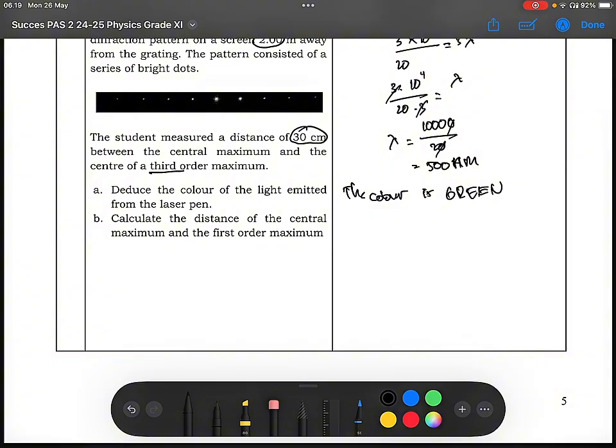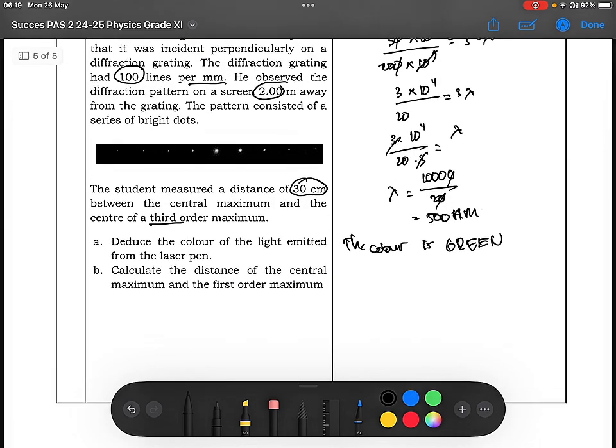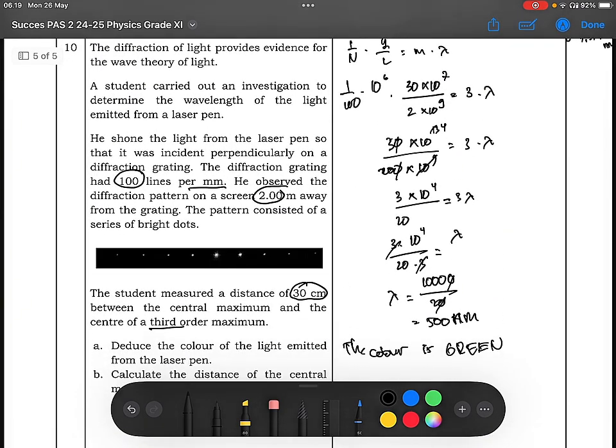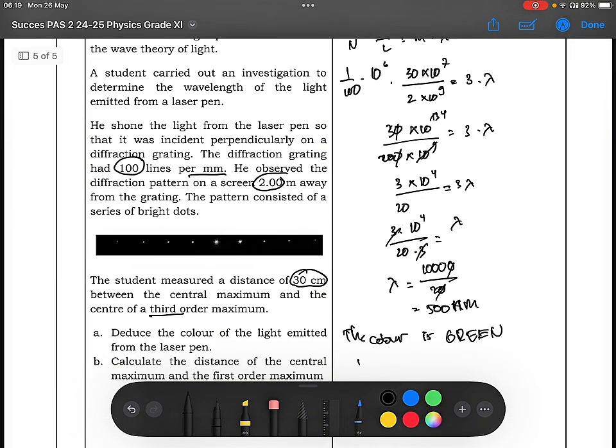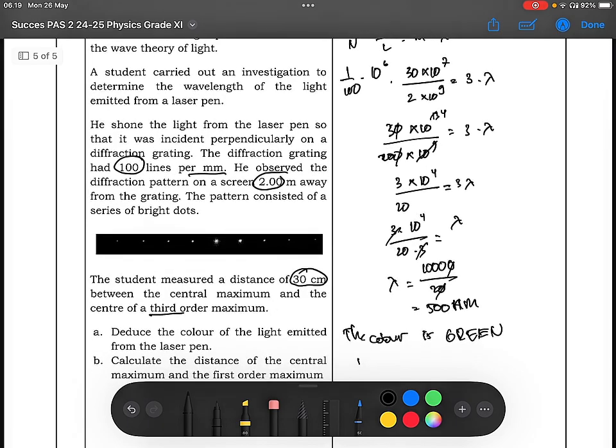Okay. Calculate the distance of the central maximum. The first, you can find it the same way as this, but m is 1.